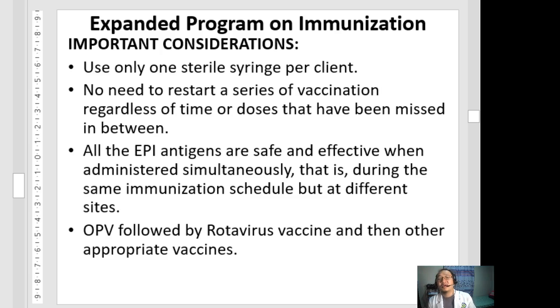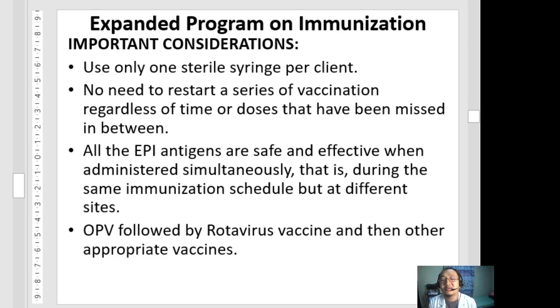You start with OPV first, then rotavirus vaccine and other injectables. For number three, it's not recommended to mix the vaccines in a single syringe. Just remember: one vaccine, one syringe, one patient, one syringe.